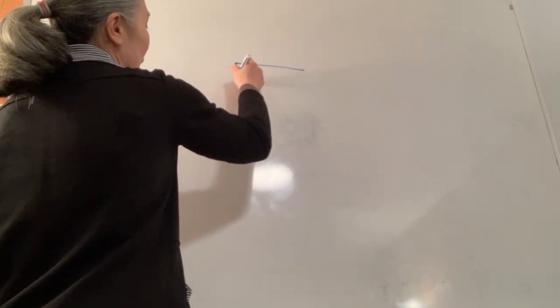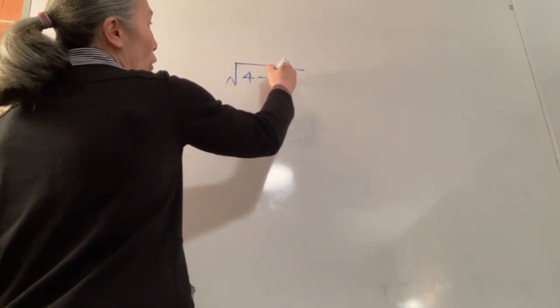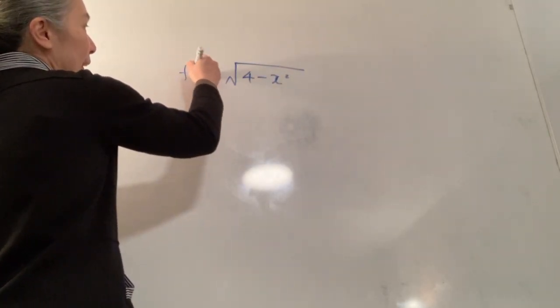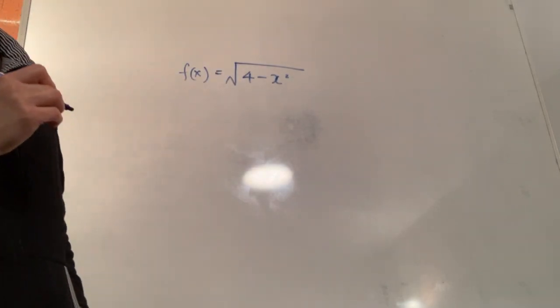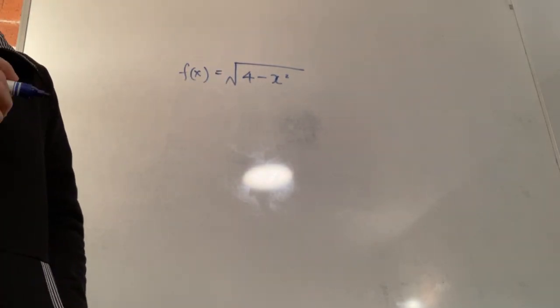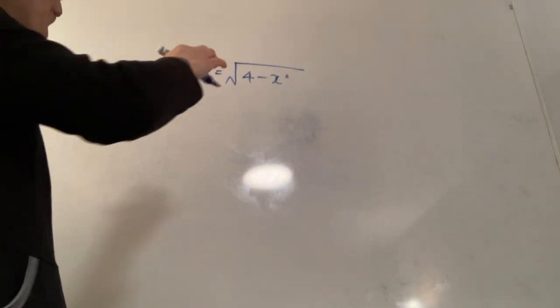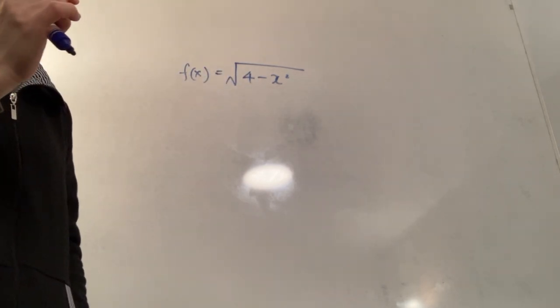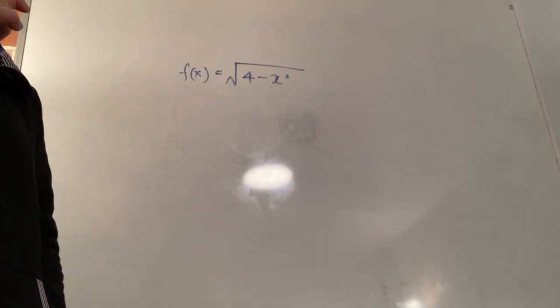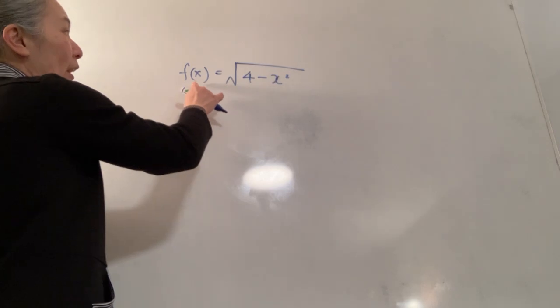So if you have an equation that looks like this, the square root of 4 minus x squared, what type of equation is this? Isn't that for a circle? Semicircle. Yes. So how do you sketch this semicircle? I have no idea. You think of this as your y.